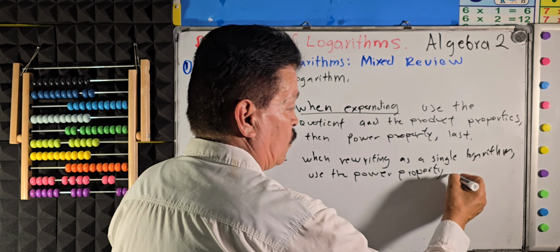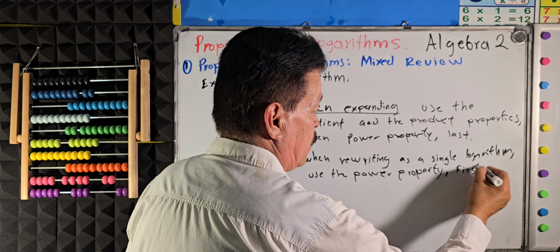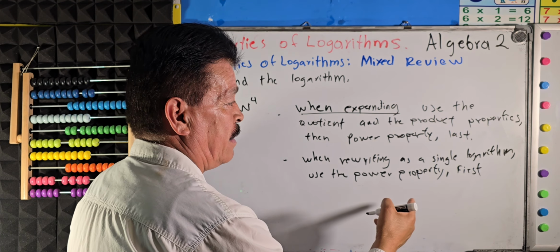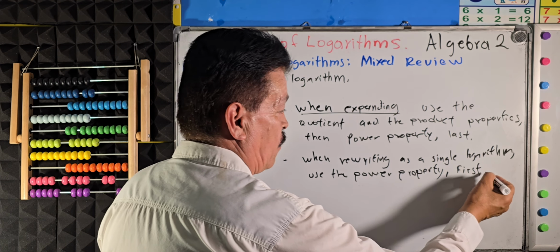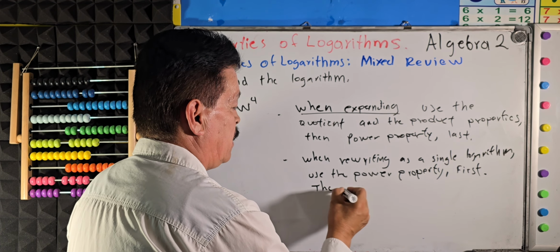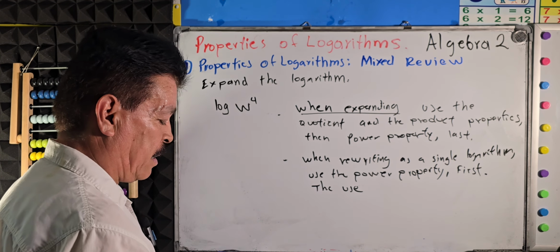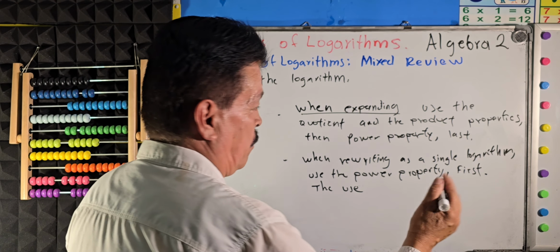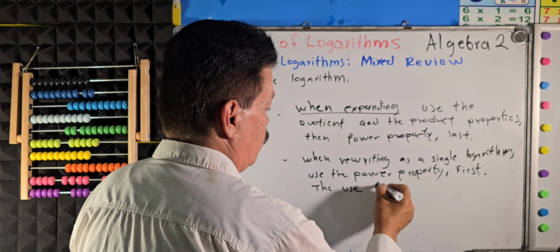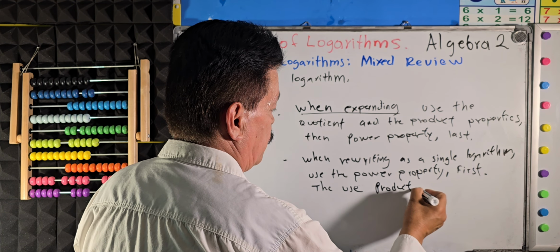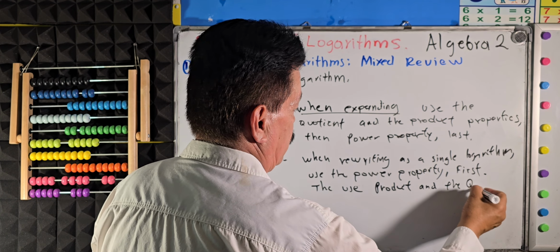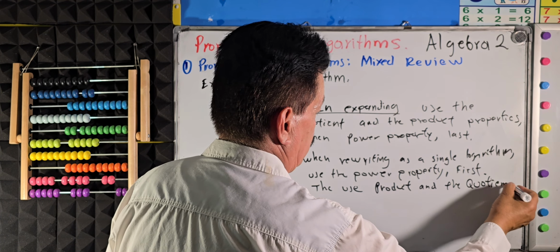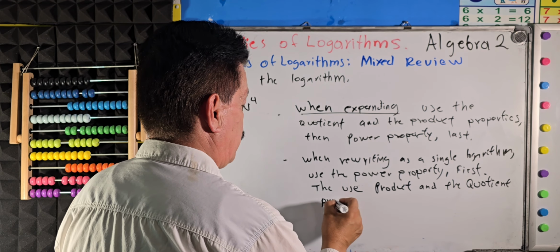Okay. So look at the way to write the property. Use the properties. This is first. Then use the quotient and the product properties.